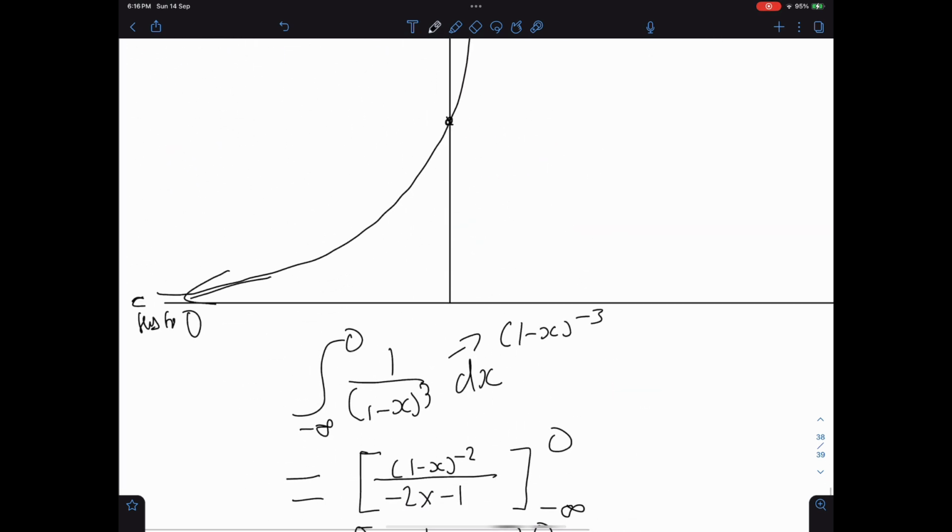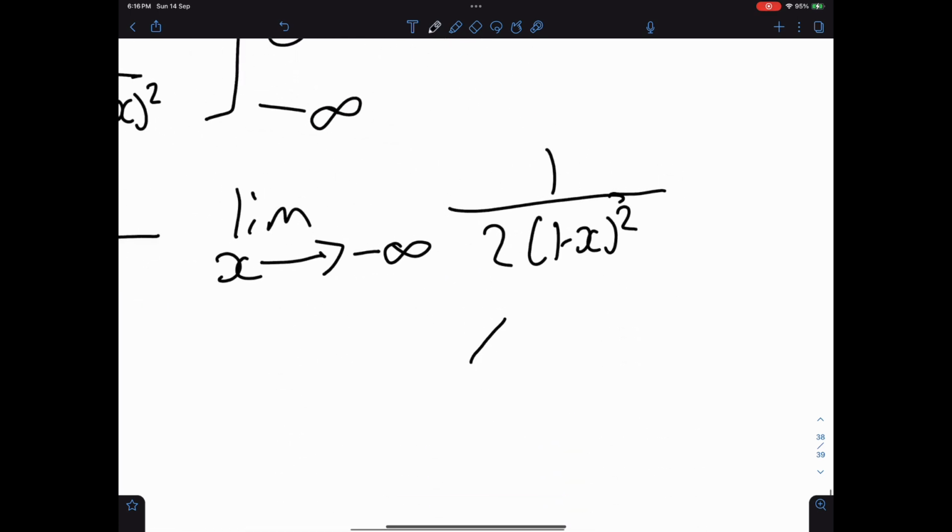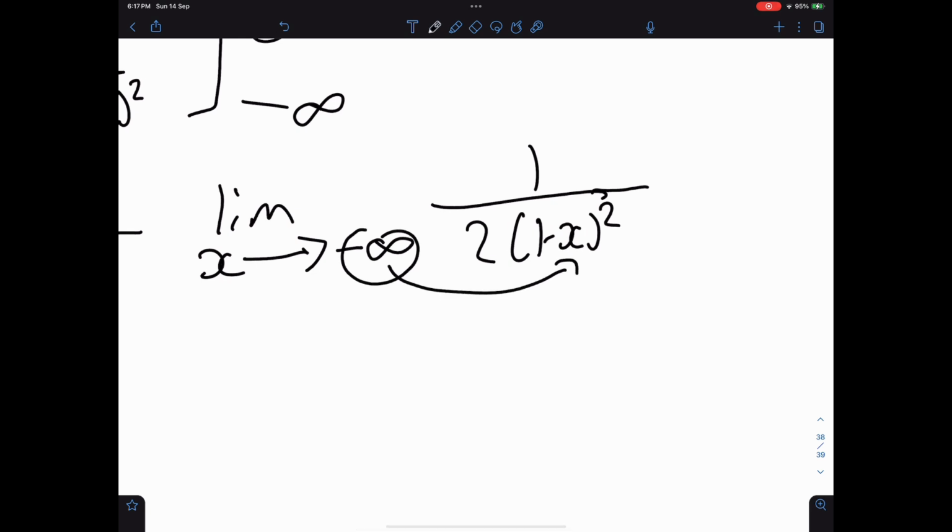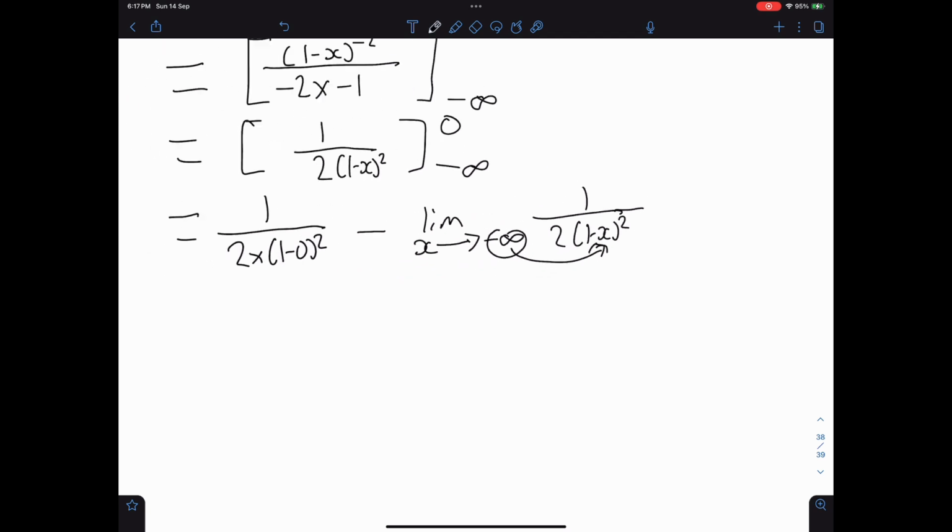As we keep going left here, it essentially tends to 0. If we make this negative infinity, it becomes infinitely big because we're minusing minus infinity. So this becomes really big, and as we divide a number by bigger and bigger numbers, it gets smaller and smaller.